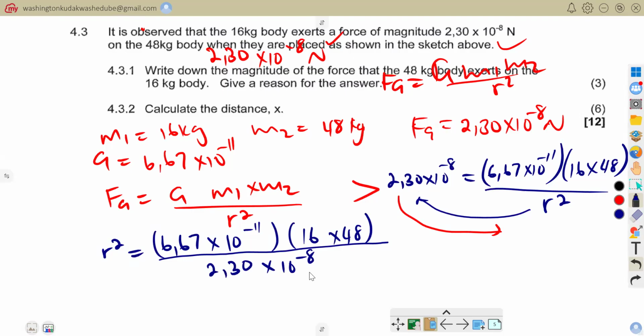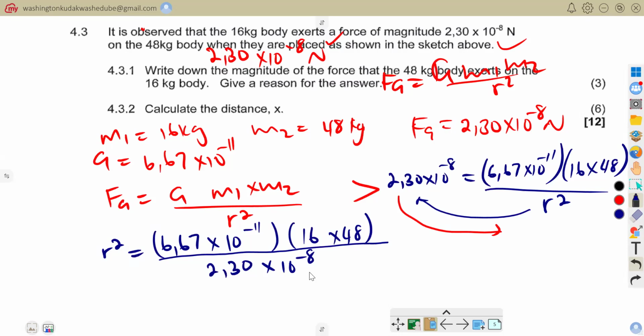I'm just going to punch in 6.67 times 10 to the power negative 11, then multiply it by 16 and multiply it by 48, and then divide by 2.30 times 10 to the power negative 8.